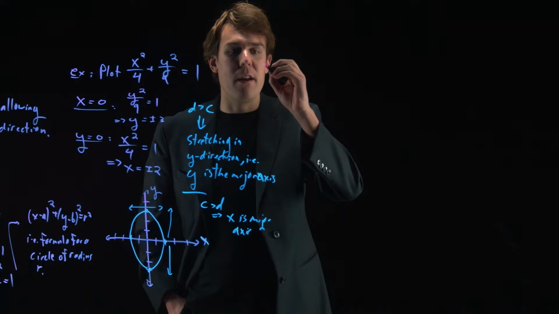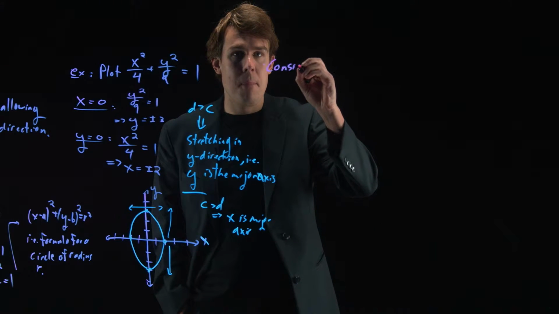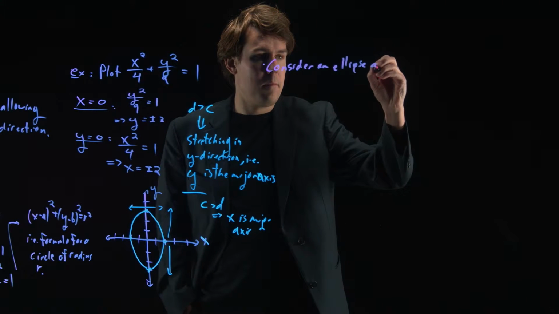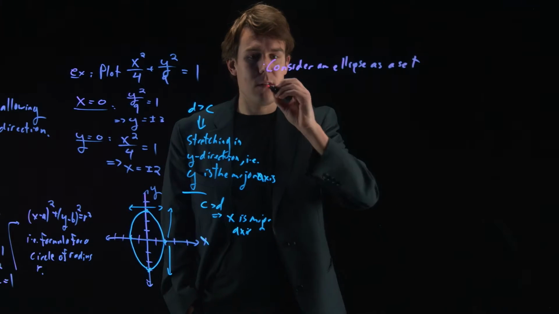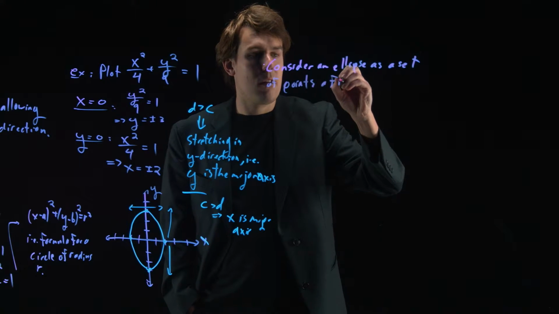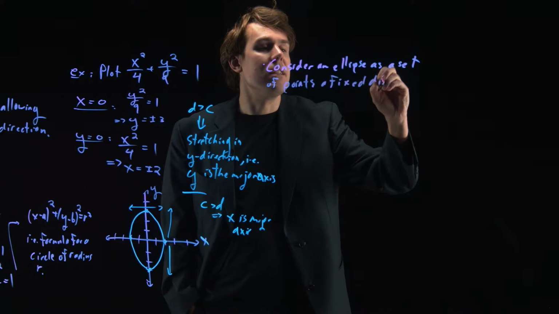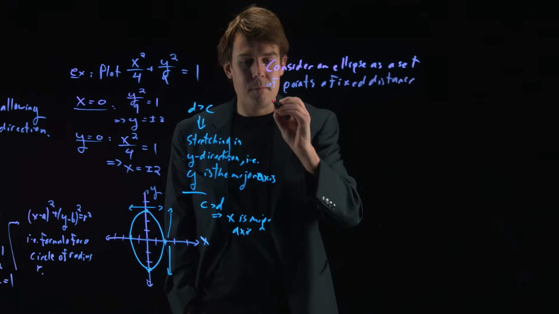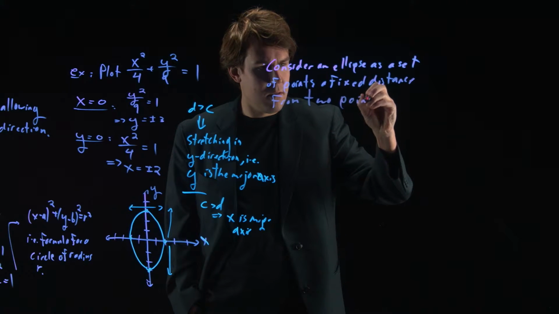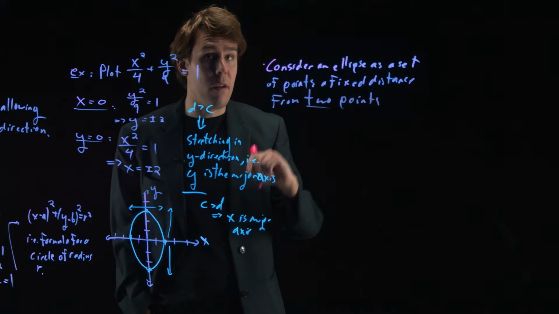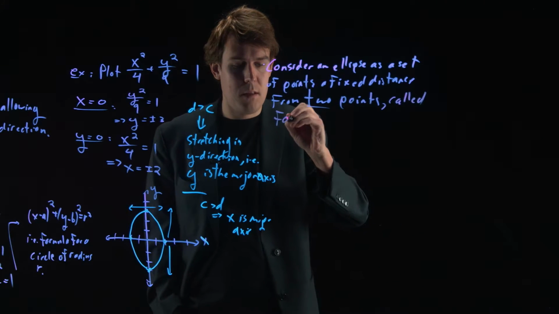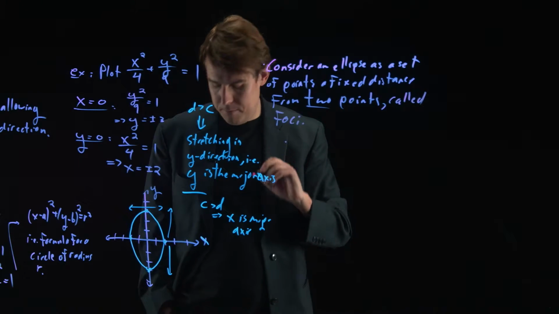So I can consider an ellipse as a set of points a fixed distance from 2 points. So the emphasis on 2 compared to 1 for a circle. And these are called the foci, the plural of focus.